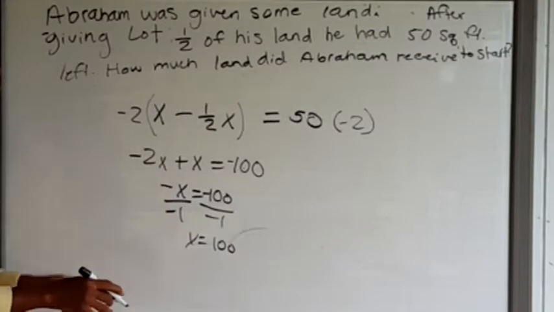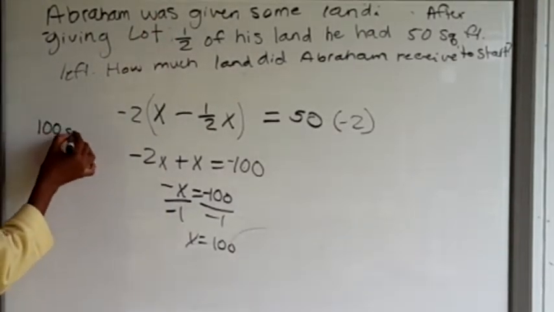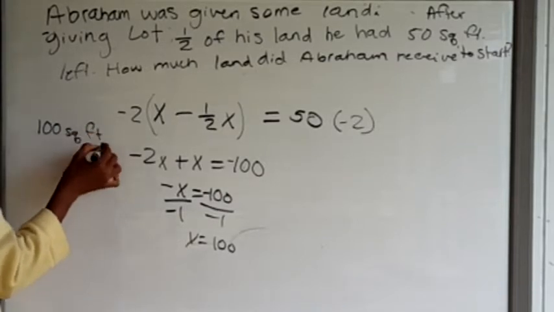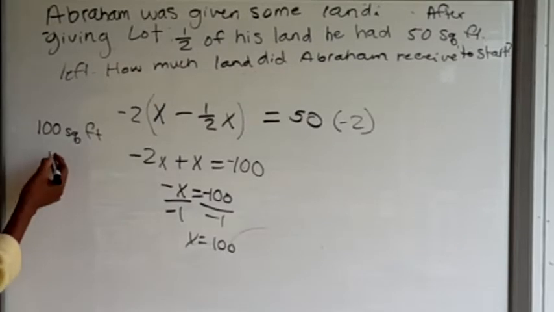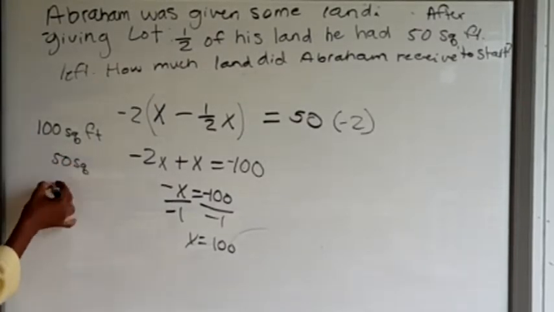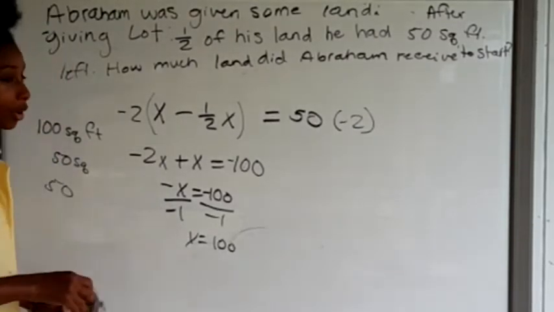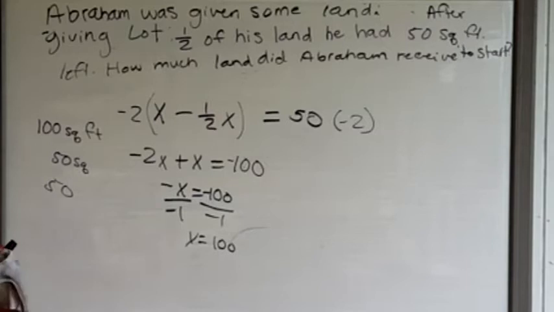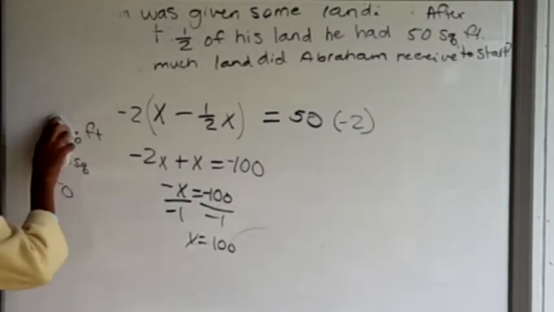So if he started out with 100 square feet of land, that's not a lot, and then he gave half of his land to Lot, half of 100 is 50. And so that would leave him with 50. Alright. So that's how that works. 1/2 times 100.